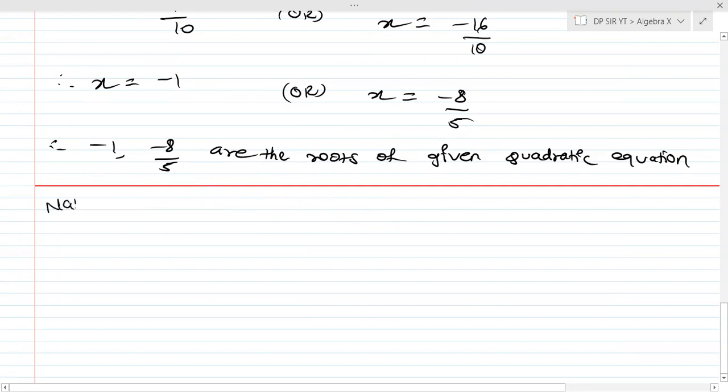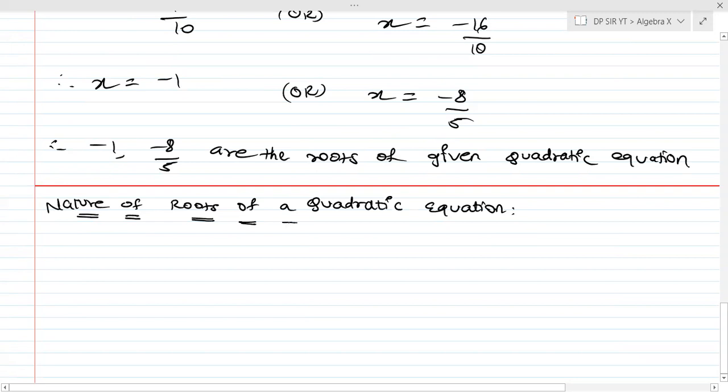Nature of roots of a quadratic equation. I hope my handwriting is clear, though it is not so good, but I hope it's readable.